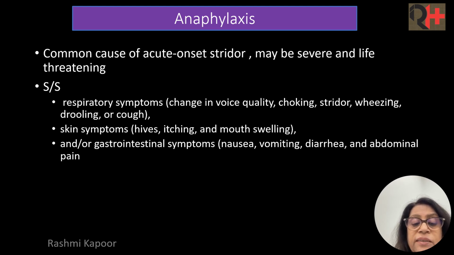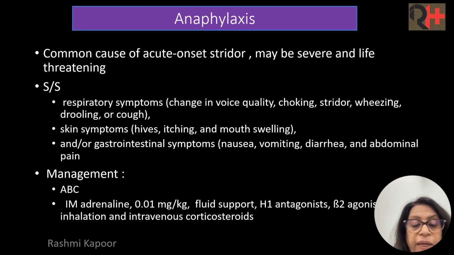There may be skin symptoms like hives, itching, or mouth swelling, which may be absent in an infant, and or gastrointestinal symptoms like nausea, vomiting, diarrhea, and abdominal pain. The management again is take care of ABC: IM adrenaline 0.01 milligram per kg, fluid support, H1 antagonist, beta 2 agonist inhalation, and intravenous corticosteroids.